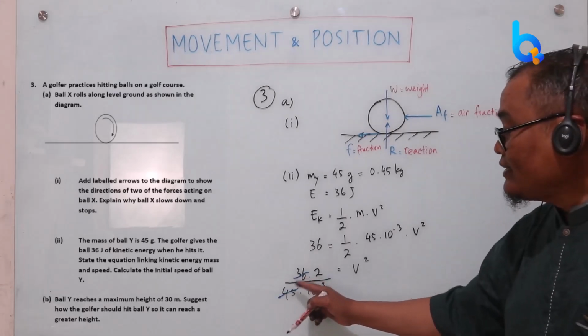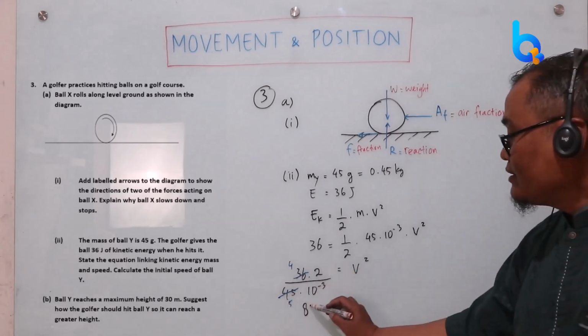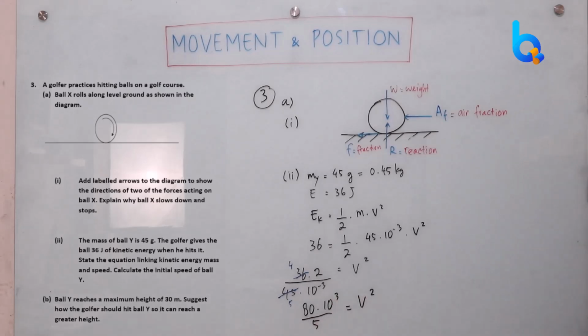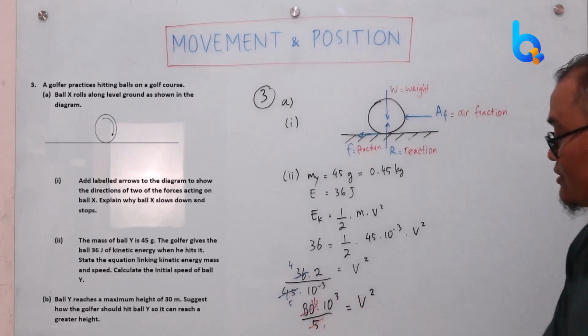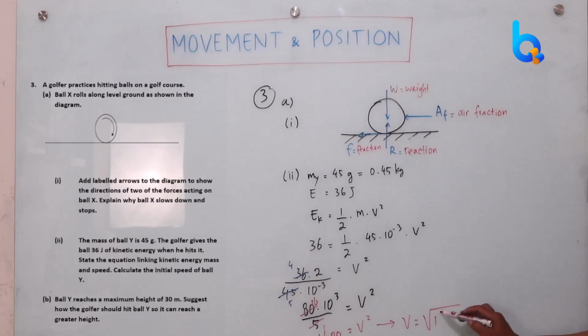So we divide by 9, it is 4, and 45 divided by 9 is 5. Then the 10 to the minus 3 moves up and becomes plus, so 80 times 10 to the 3, then divide by 5 equals v squared. We can cross divide by 5, 16, so 1600 equals v squared. So v equals the square root of 1600, equals 40 meter per second.